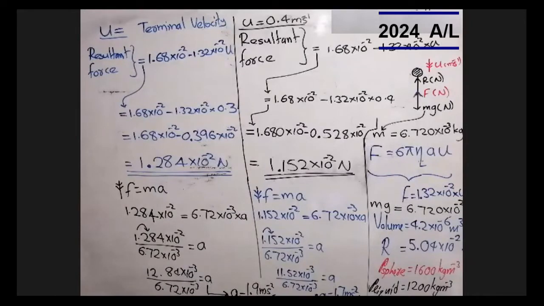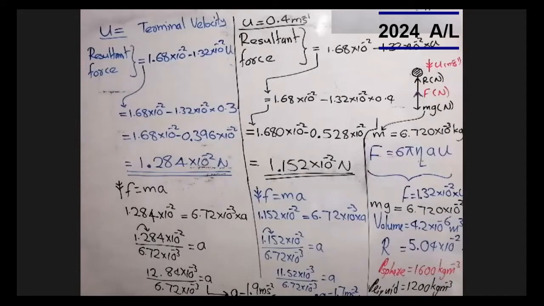Look at the board and write. It's better if you use a different color pen. So when velocity increases, resultant force reduces. At a certain velocity, the resultant force acting on the sphere is 0. That velocity is known as the terminal velocity.